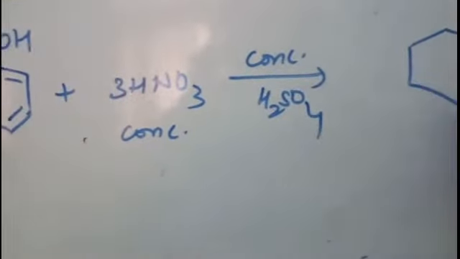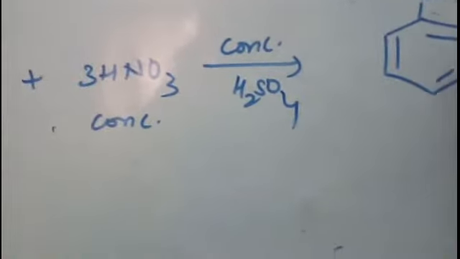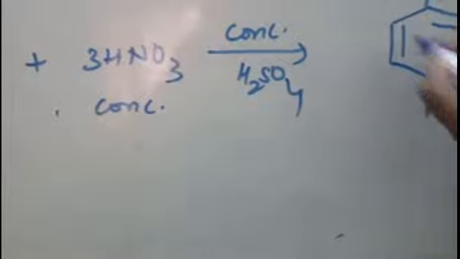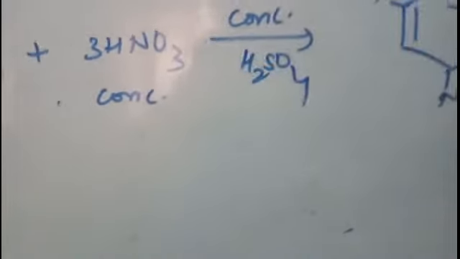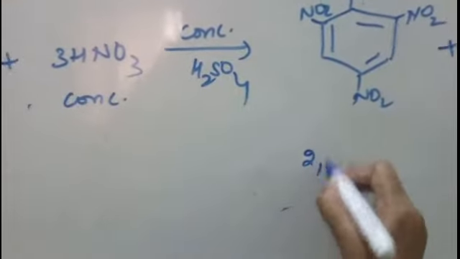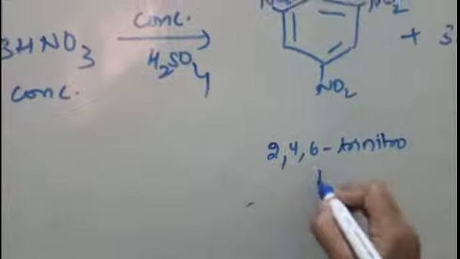At all the ortho-para positions, the nitro group will come. Here, here and also here. So you will get 2,4,6-trinitrophenol.